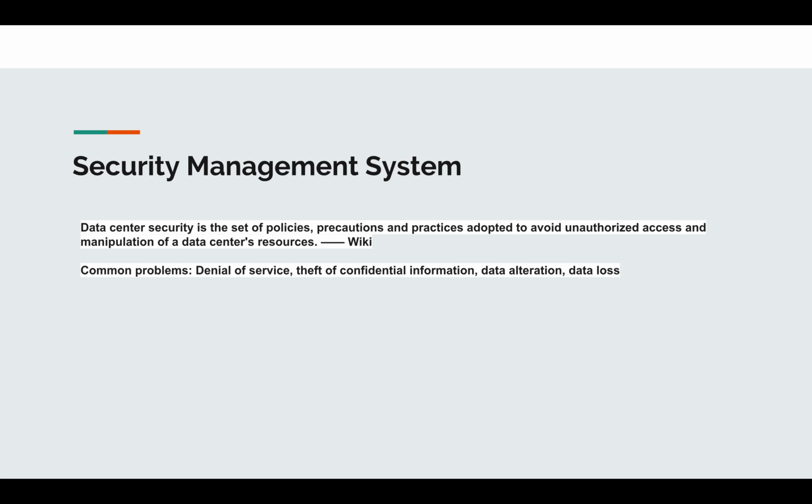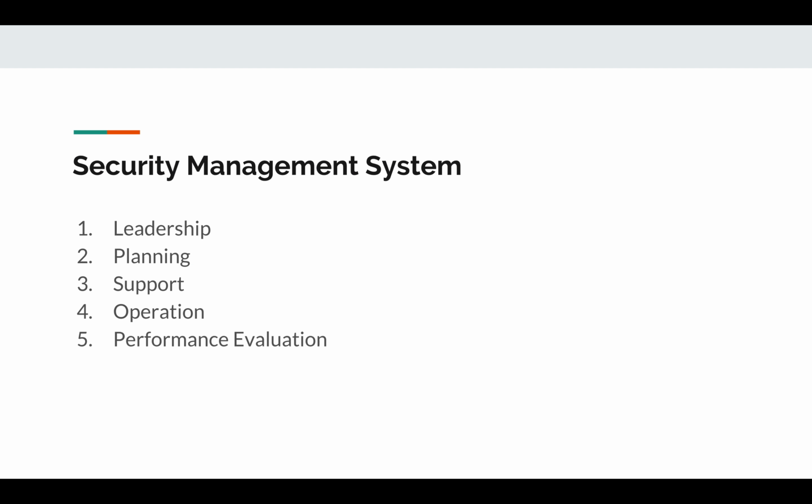So how can we prevent those problems by applying some golden rules from the management side? How can we build a security management system and do the operation? I found this topic kind of interesting, so I did some research on this topic, and I'm going to separate it into 5 parts.